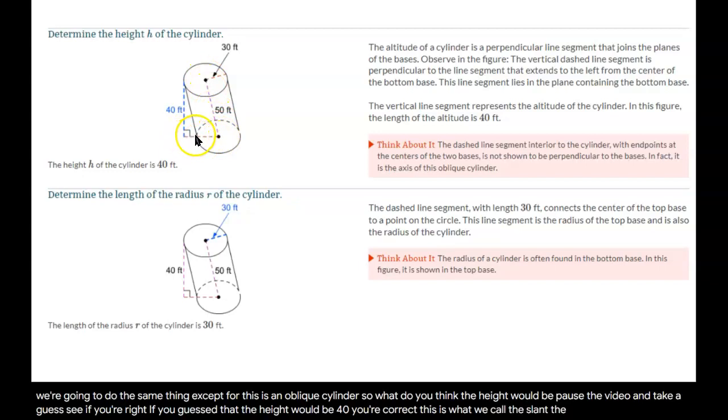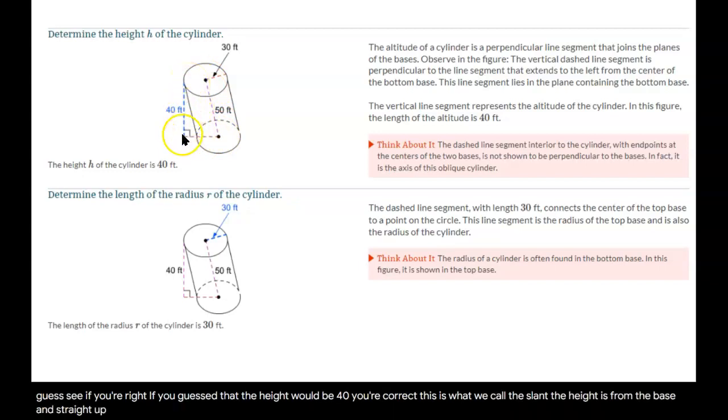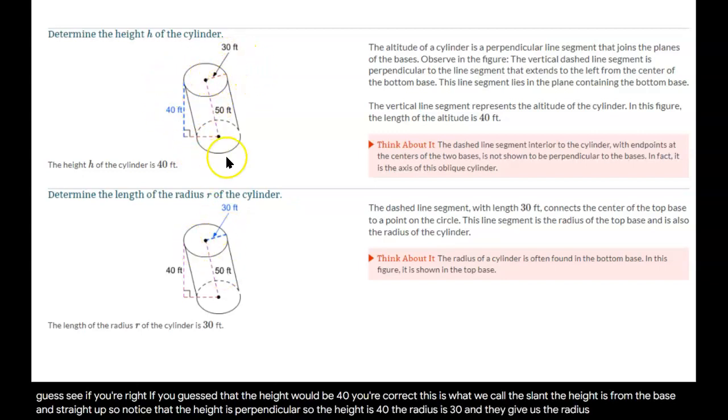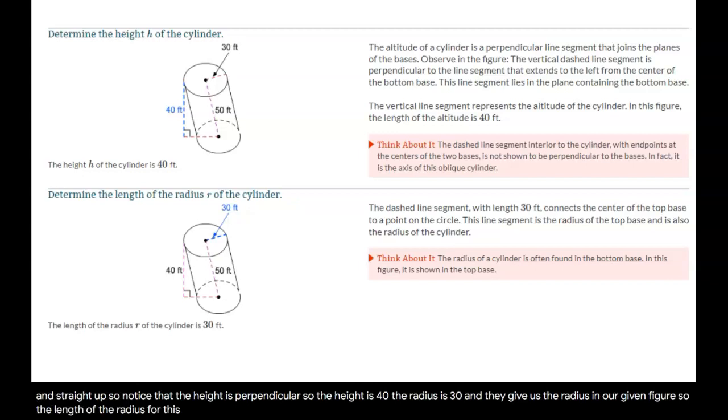The height is from the base and straight up. So notice that the height is perpendicular. So the height is 40. The radius is 30, and they give us the radius in our given figure. So the length of the radius for this cylinder is 30 feet. This is a big cylinder.